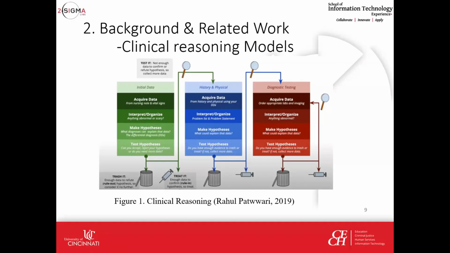We just get this hypothesis, and then we are done. However, for some diseases we need more data. For example, from your family history, or the physician uses a differential diagnosis, also some labs and tests like that to identify what is wrong with the patient.